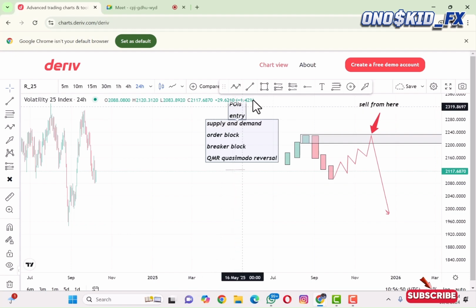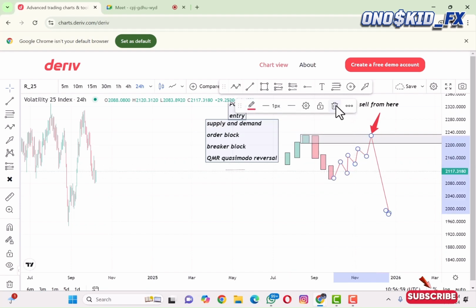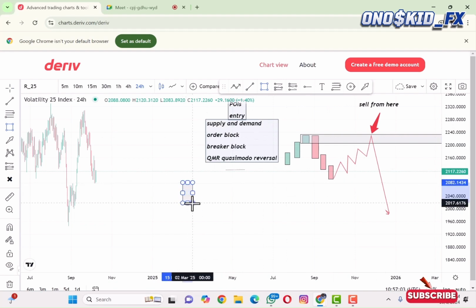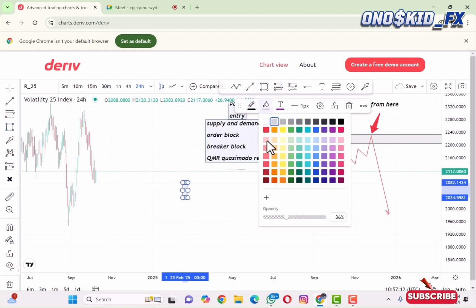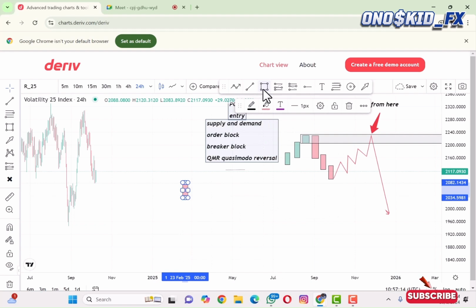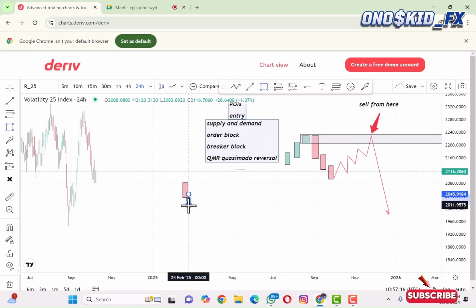The same way, a bullish order block is the last bearish candle before a massive push towards the upward direction. Okay, so suppose we have this, like this, like this.